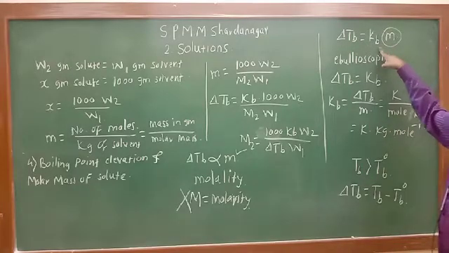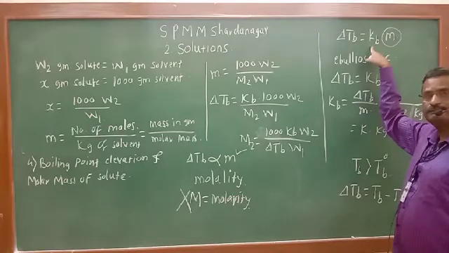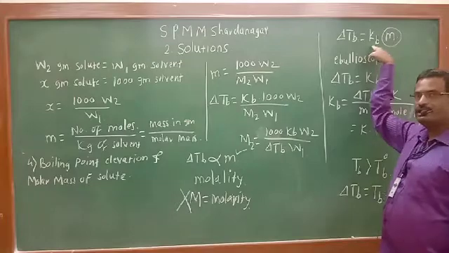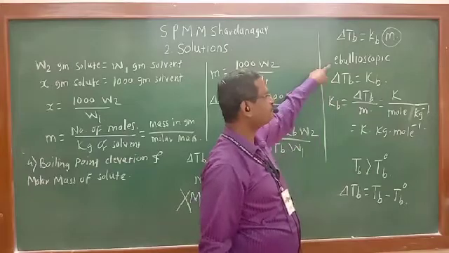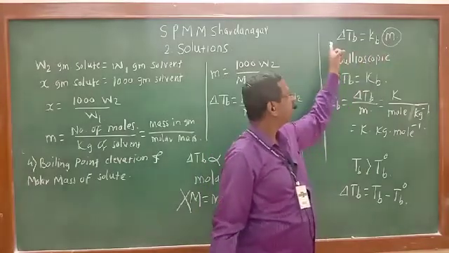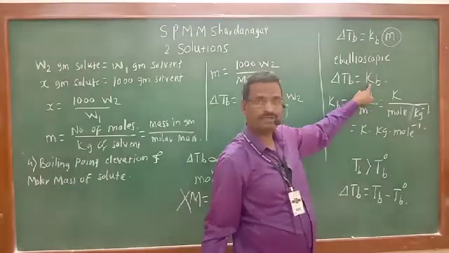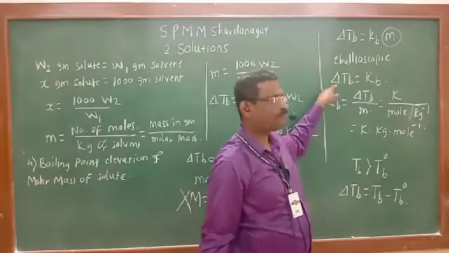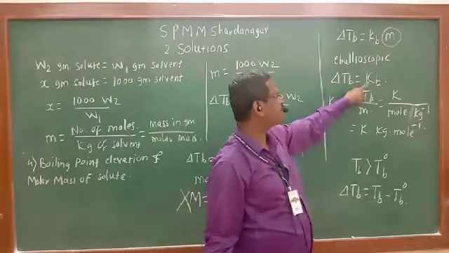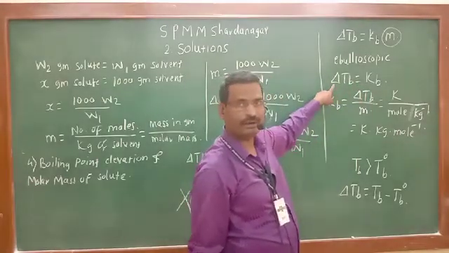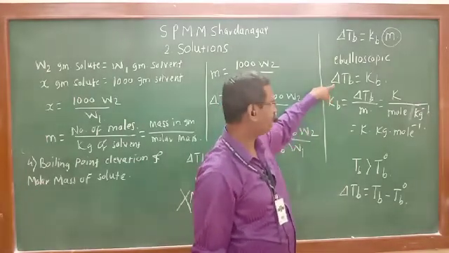Kb has four meanings, as I have told you. It is known as the proportionality constant, molar elevation constant, elevation in boiling point constant, or the ebullioscopic constant. When m is 1, delta Tb is equal to Kb. Therefore, Kb, the ebullioscopic constant, is defined as the elevation in boiling point when the molality of the solution is 1, or the elevation of boiling point when 1 mole of solute is added to 1 kilogram of solvent.